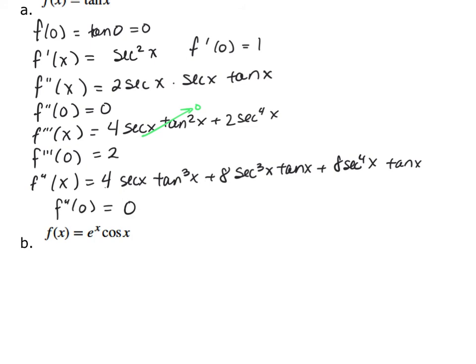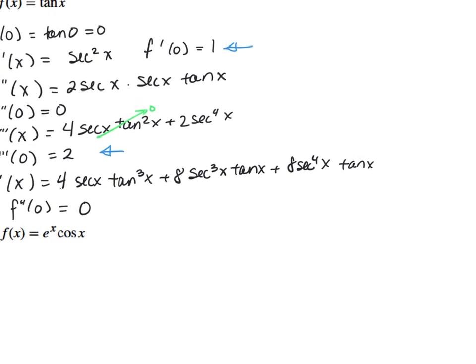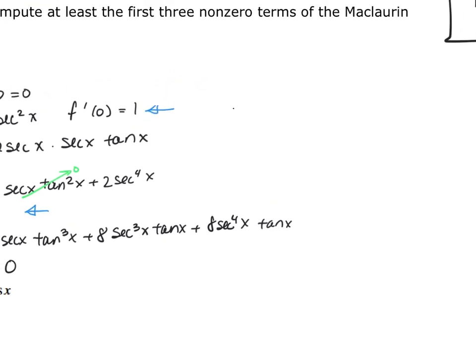So I have to find the fifth derivative because I've got my first term, my second term, and I need 3 of these lovelies. So let's do my fourth derivative, my fifth derivative, boom. Fifth derivative of x.